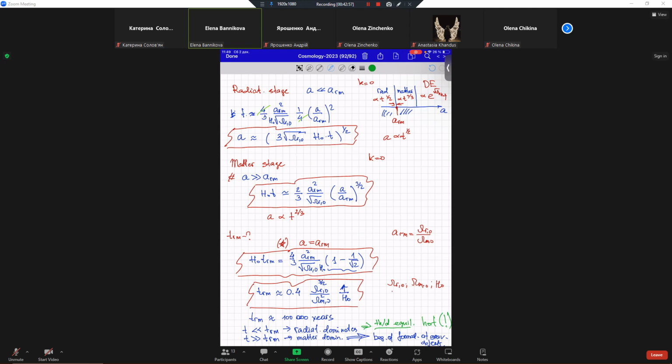But as soon as the temperature fell and the thermodynamical equilibrium was broken, where thermodynamical equilibrium means the number of ionization processes equals the number of recombination processes, the radiation became free.